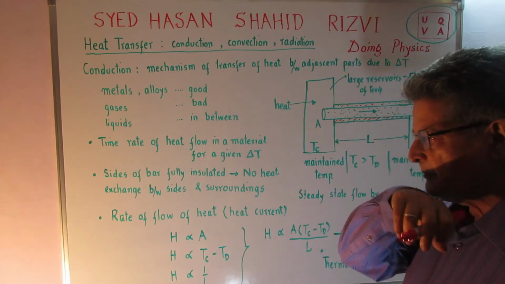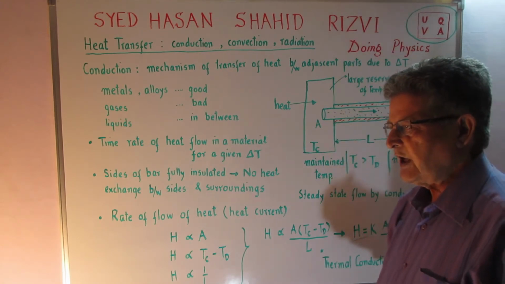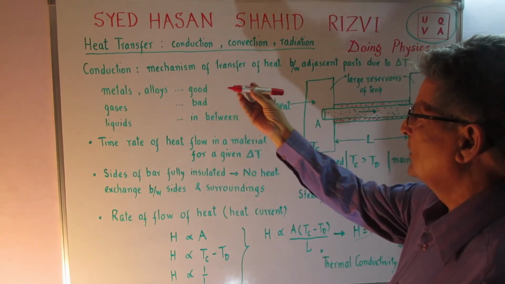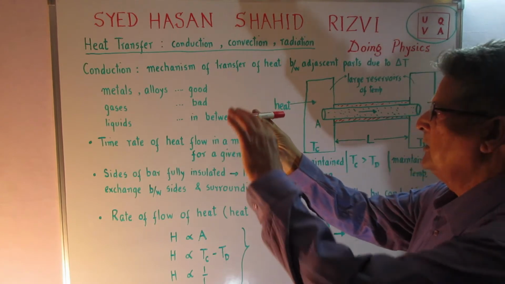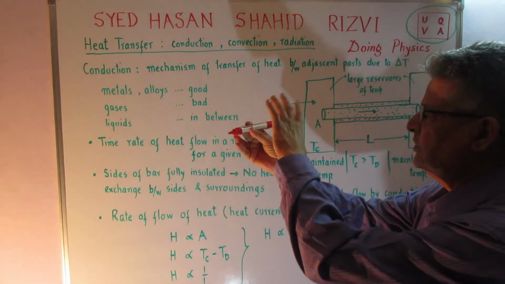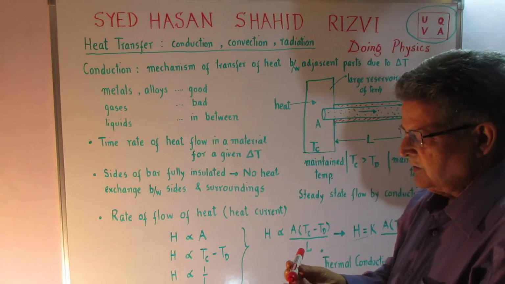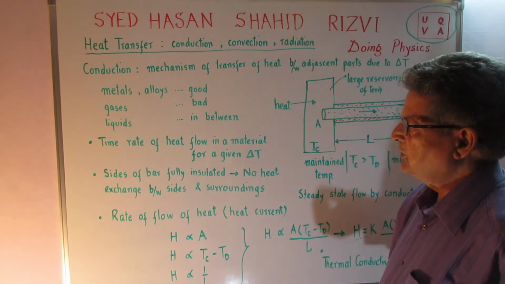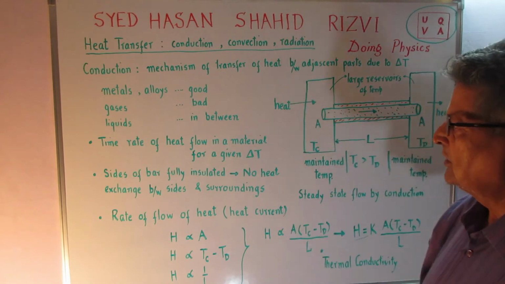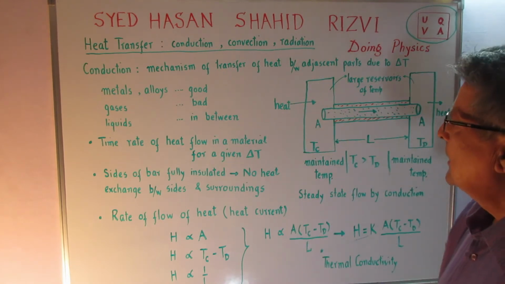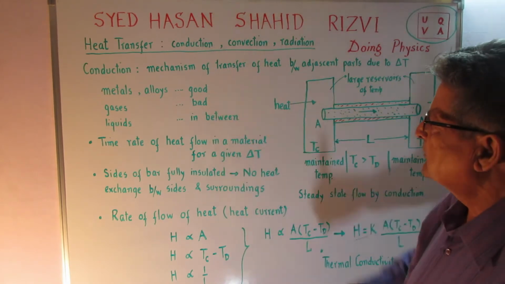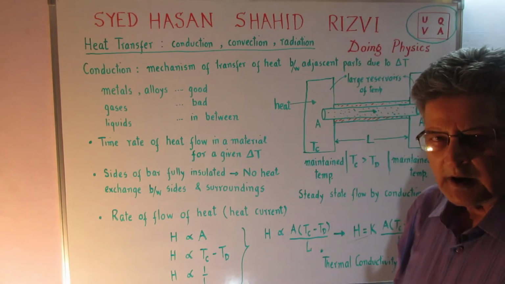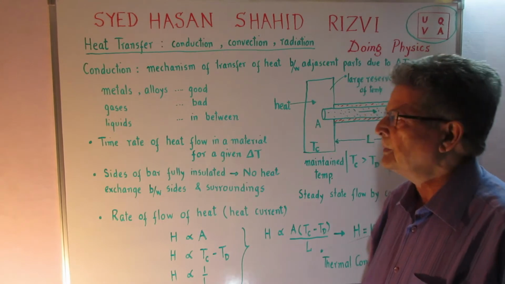In conduction, the heat is carried, maybe if there is a rod, from one end to the other end by means of a temperature difference, and parts transfer heat from one part to the other part. So conduction is the mechanism of transfer of heat between adjacent parts due to a change in temperature.